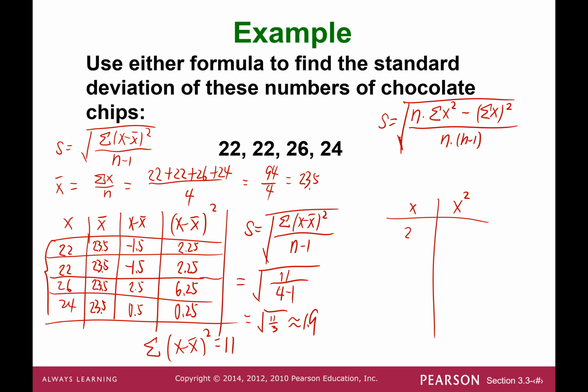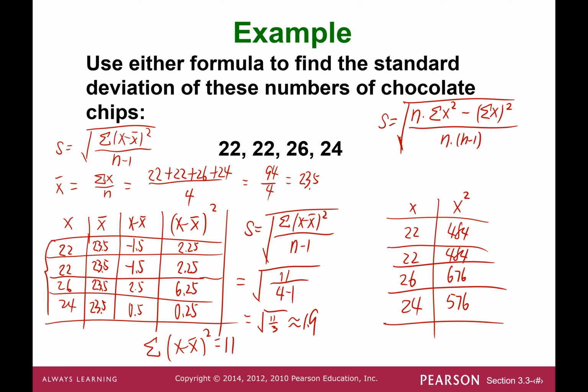So we get 22, 26 and 24. Let's find the square of each one. 22 squared is 484. 26 squared is 676.